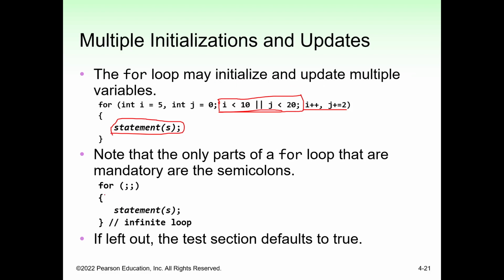However, you might see here we have just for and 2 semicolons. That is because in the for loop, the only parts that are mandatory are the semicolons. We have one here and we have one here, 2 semicolons. However, in this case, this is an infinite loop, and your for loop will always evaluate to true, since you're not updating any variables and you're not declaring any variables.